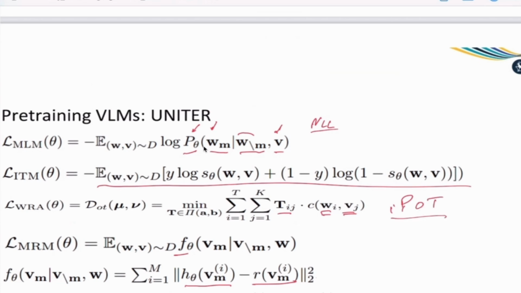You can look into some of the publications which we have, and you will see the maths and details of that, but it will take probably more than a lecture to go into the mathematics of that. But you understand the concept. You have the cost, and you need to find the weight corresponding to those costs, and that will tell you which text word is aligned to which visual region, essentially. So that's word region alignment loss.